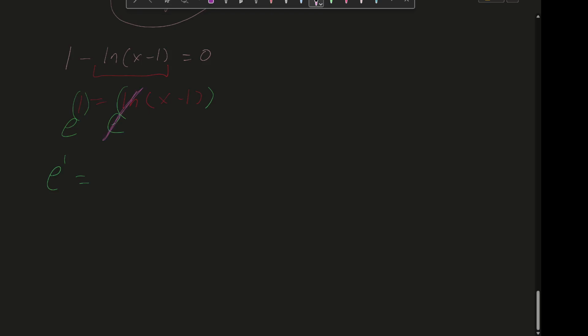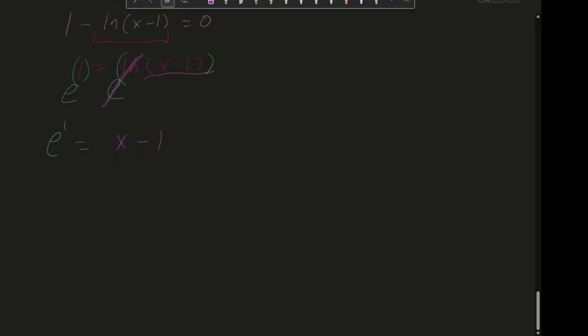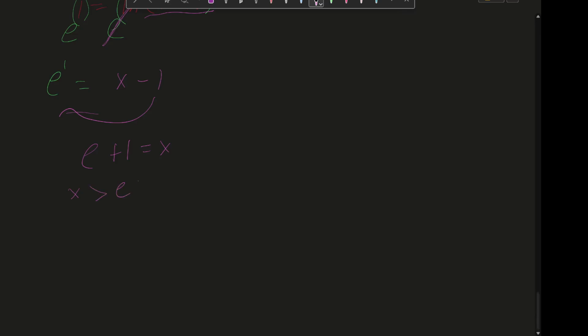So those go away, and then you're left with just the inside of the argument, x minus 1. And then moving that 1 over, you'll have e plus 1 equal to x. So you'll know that when e plus 1 equals x, the denominator will equal 0. So for your domain, you'll have to have x greater than e plus 1.